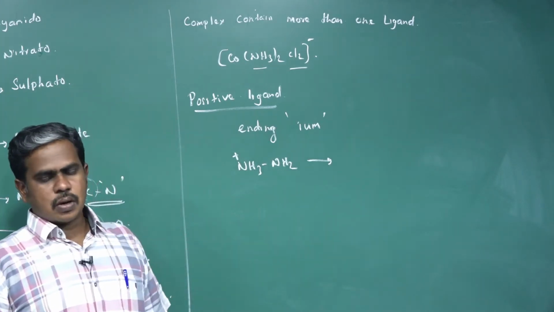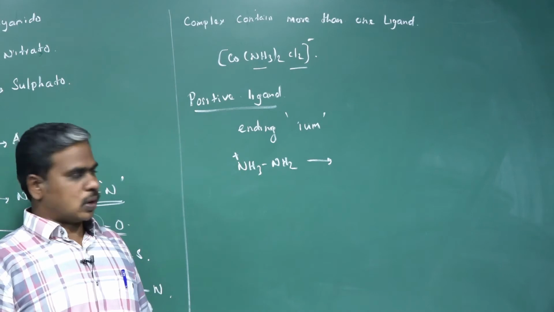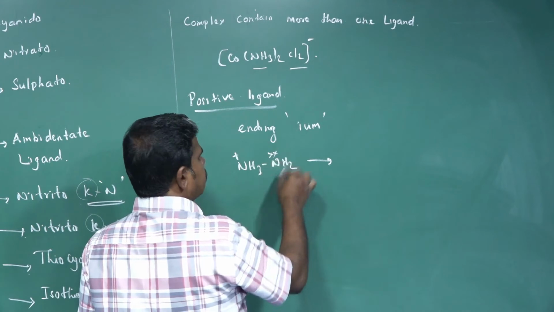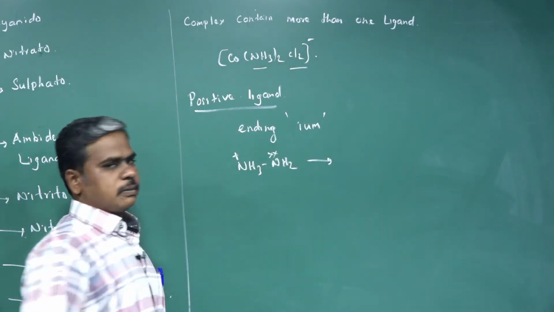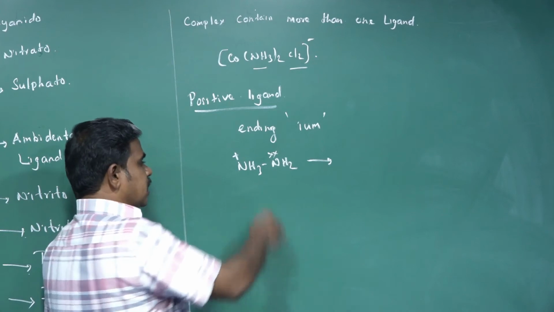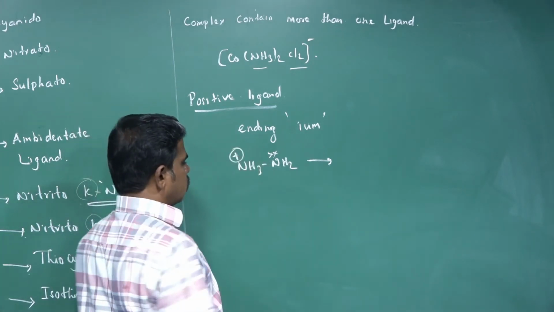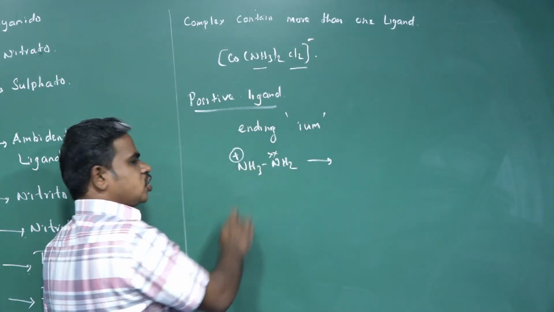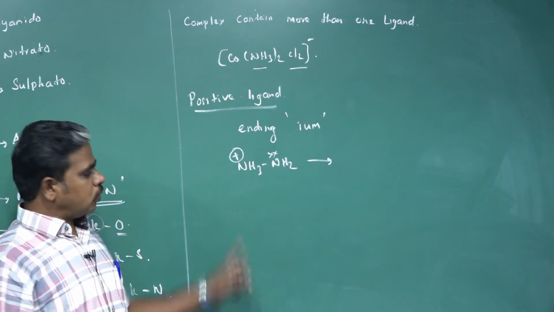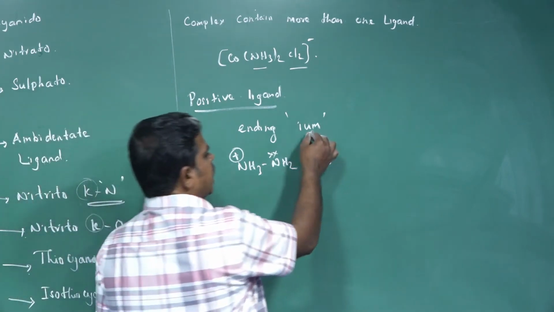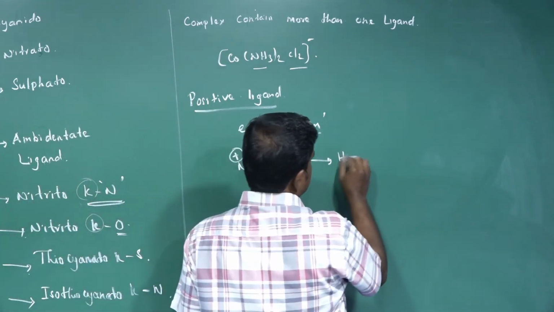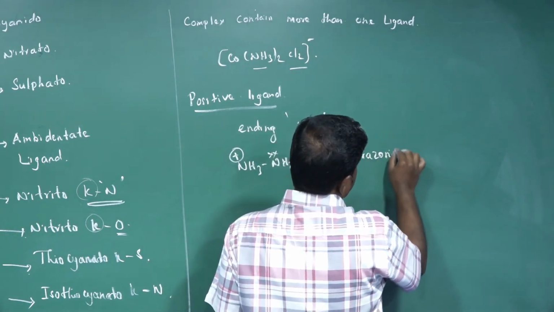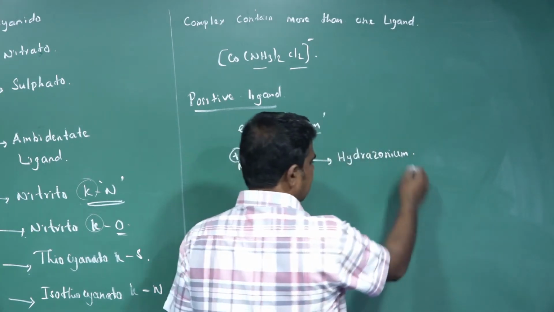And ligands are donor atoms and electron donors. How may it act as a ligand? Here it has the lone pair, so by donation of the lone pair, it acts as a ligand. Now the charge of the ligand is positive, so here hydrazine, what is that hydrazine? NH2 bonded to NH2 is known as hydrazine. Now if it is a positive charge, it is ending with IUM, so it is hydrazinium. Hydrazinium is the name, so it is ending with IUM.